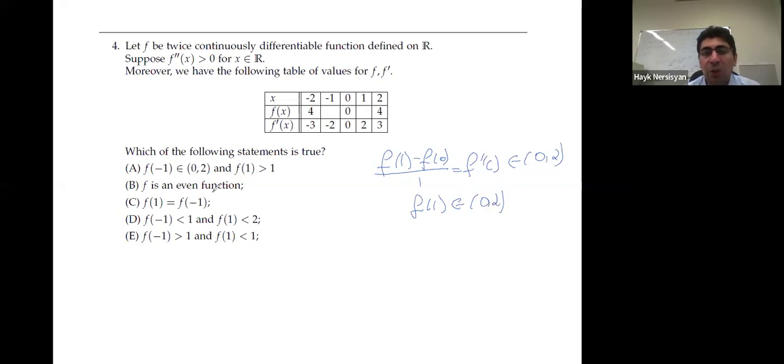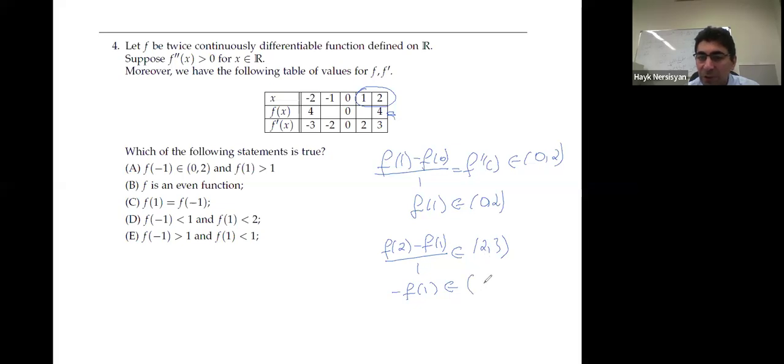Okay, what else we can say? Maybe we can apply mean value theorem on this part, which says f(2) minus f(1) divided by 1 belongs to the 2 to 3 interval. Hence, minus f(1) belongs, we should subtract from this interval f(2), and f(2) is 4. Let's subtract 4.